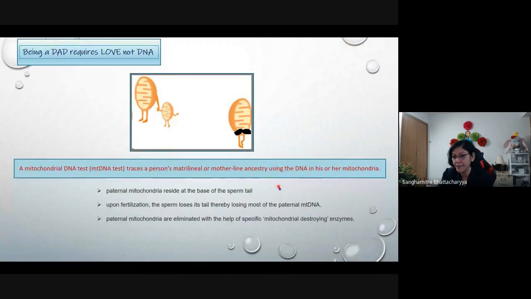Mitochondria is inherited maternally, and a mitochondrial DNA test traces a person's mother line ancestry using the DNA in his or her mitochondria. But what happens to the paternal mitochondria?